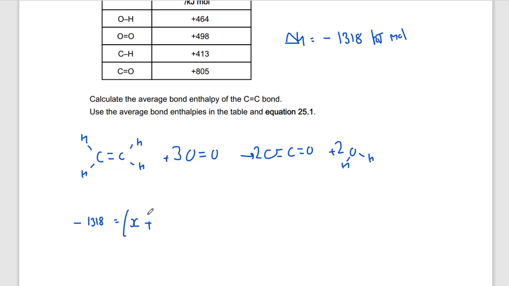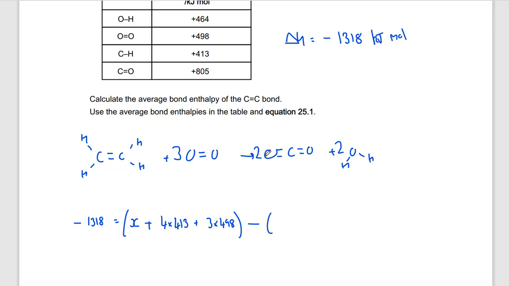So this is the reactants. We've got 1 carbon-carbon double bond, and we've got 4 carbon to hydrogen bonds, so it's 4 times 413, plus we've got an oxygen double bond, which is 498. We have 3 moles of oxygen, so 3 times 498. Brilliant. All of that added together minus all of this added together.